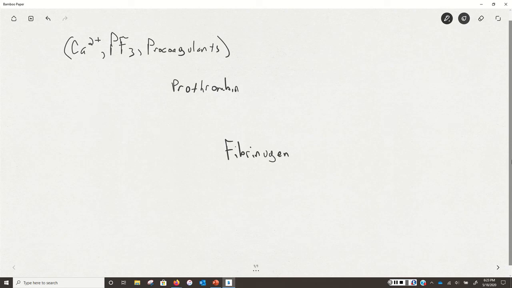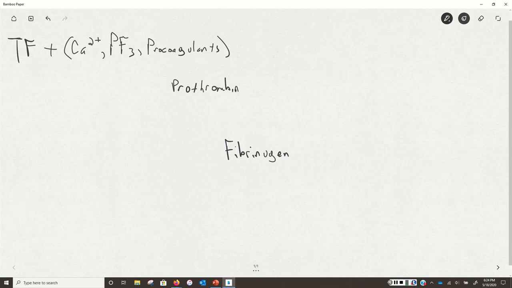So let's look at what happens when there is some sort of tissue damage. In addition to what we've already seen with the exposure of the collagen fibers and the vascular spasm, we're also going to have that tissue release something called tissue factor, TF.